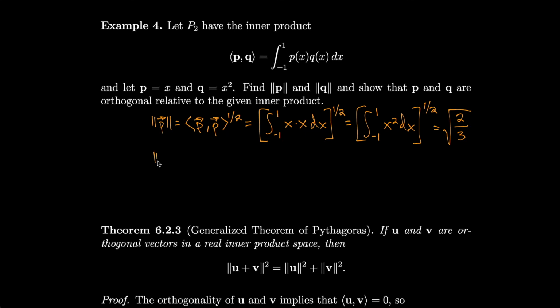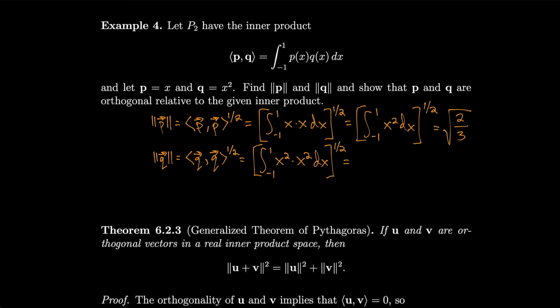Let's do q now. So again, we'll take q with itself, and raise that to the half. So that's the integral from -1 to 1 of x squared times x squared dx, raised to the half.